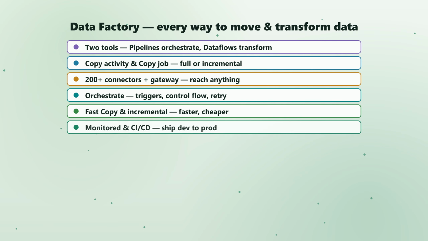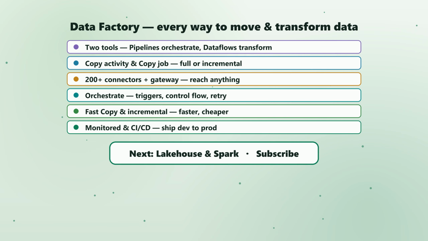So that's Data Factory in Fabric, end-to-end. Two core tools: pipelines to orchestrate, Dataflows Gen2 to transform. Two ways to copy: the copy activity inside a pipeline and the guided copy job, each doing full or incremental loads. Over 200 connectors, plus on-prem and VNet gateways to reach anything, anywhere.